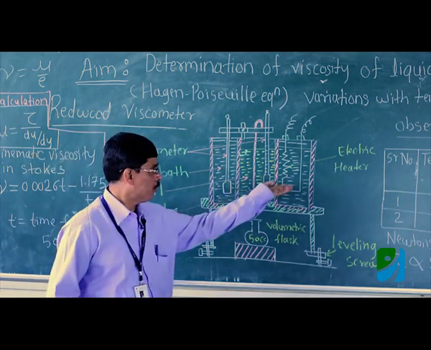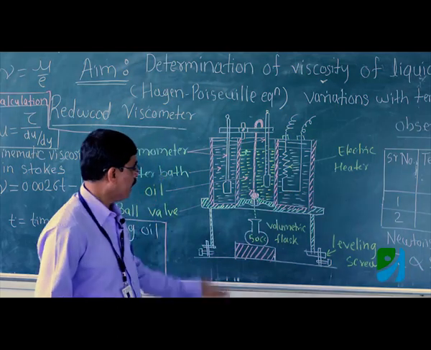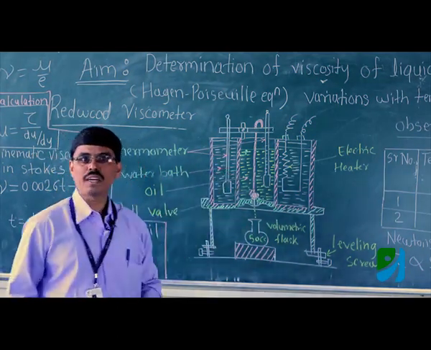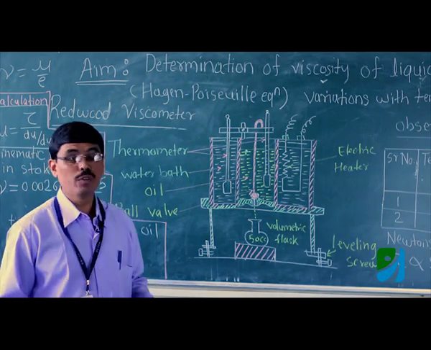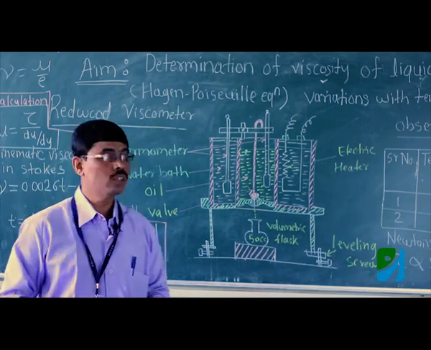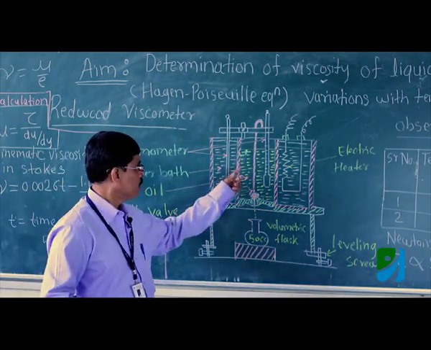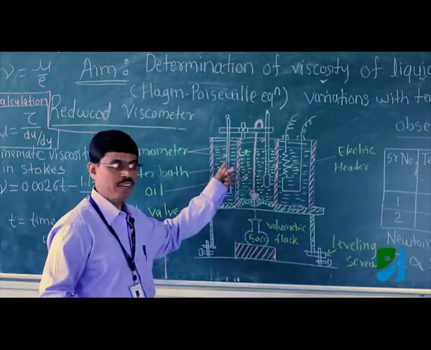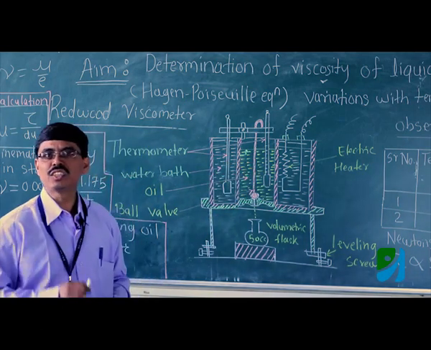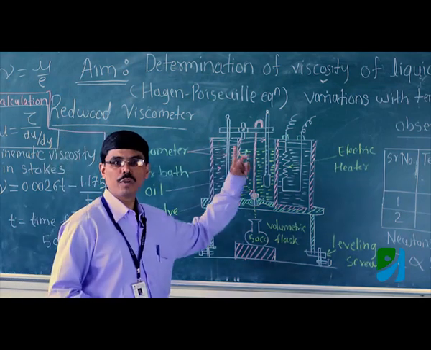You can raise the temperature with this electrical heater, and you have a stirrer along with the water bath to maintain the temperature between the oil and the water. A very important precaution is that you have to properly check the temperatures of the water and of the oil, maintained at a steady state by continuous stirring.